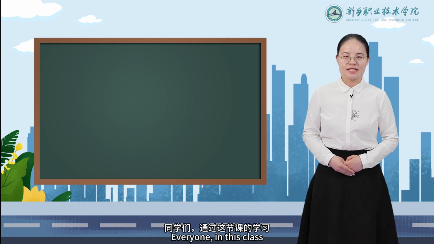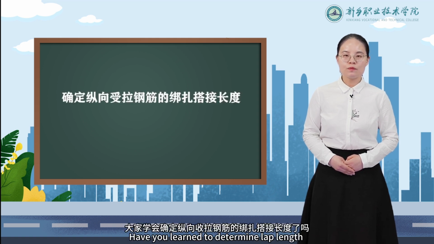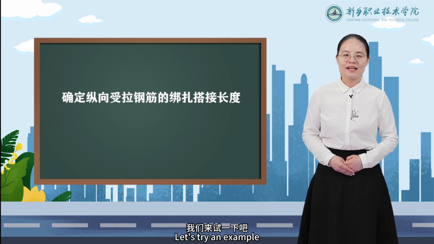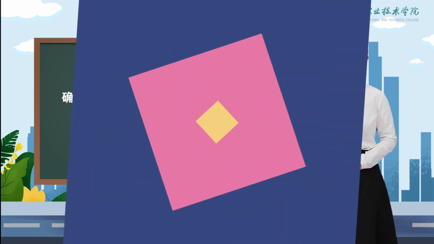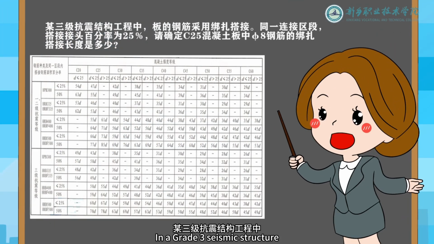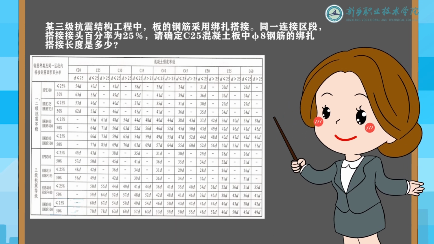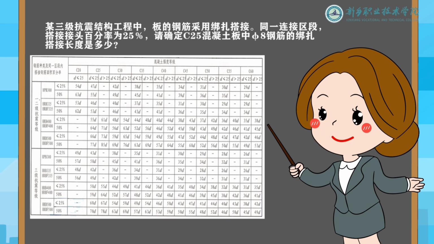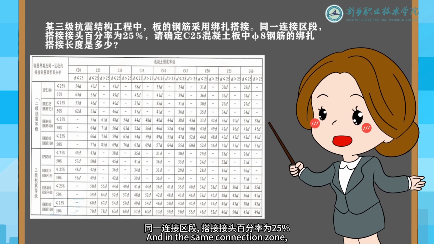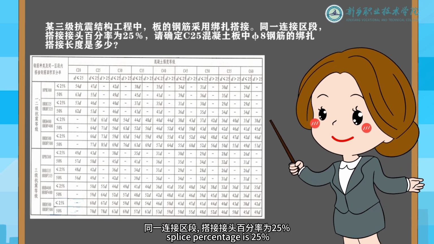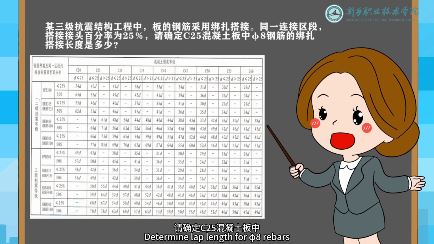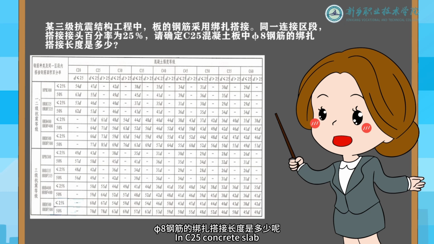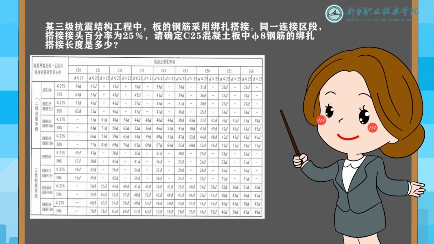Everyone, in this class, have you learned to determine lap length for longitudinal tensile rebars? Let's try an example. In a grade 3 seismic structure, slab rebars use lap splicing. And in the same connection zone, splice percentage is 25%. Determine lap length for Phi8 rebars in C25 concrete slab.